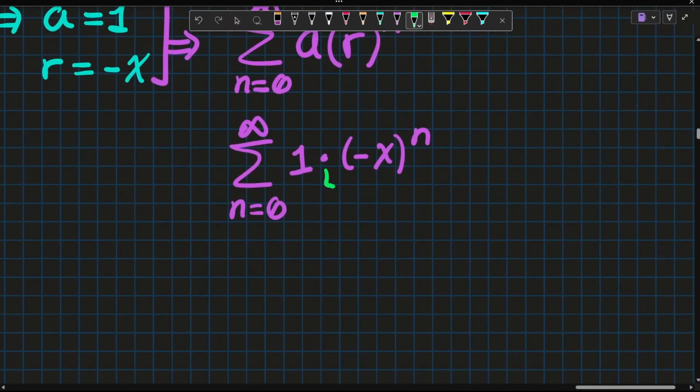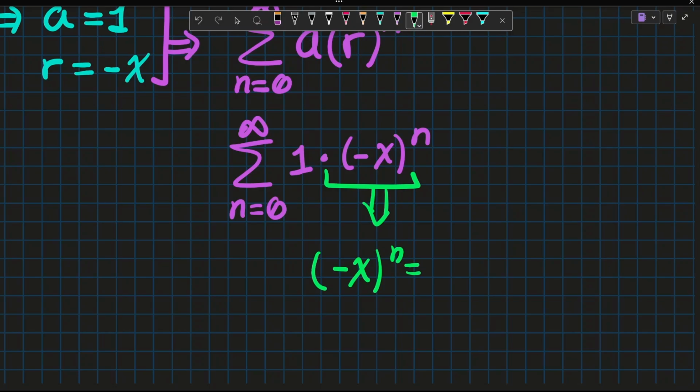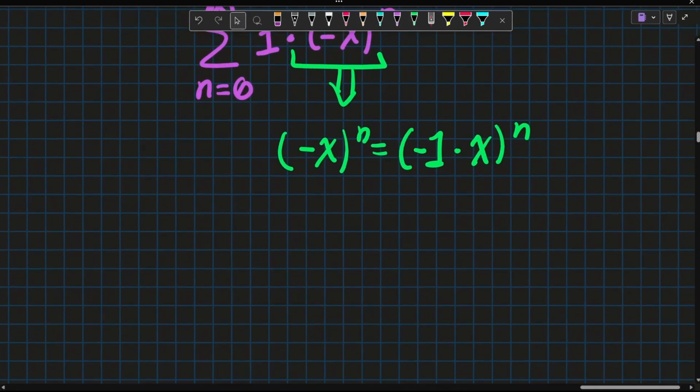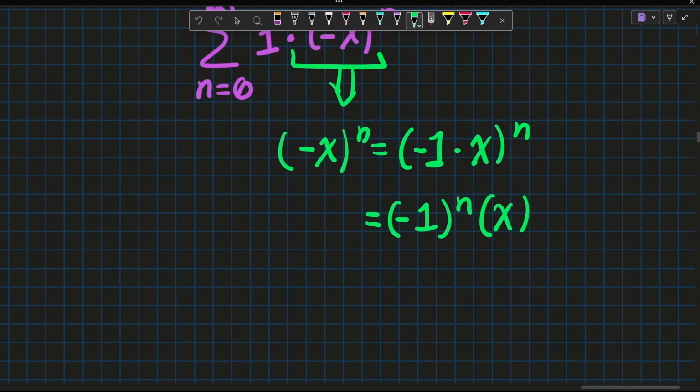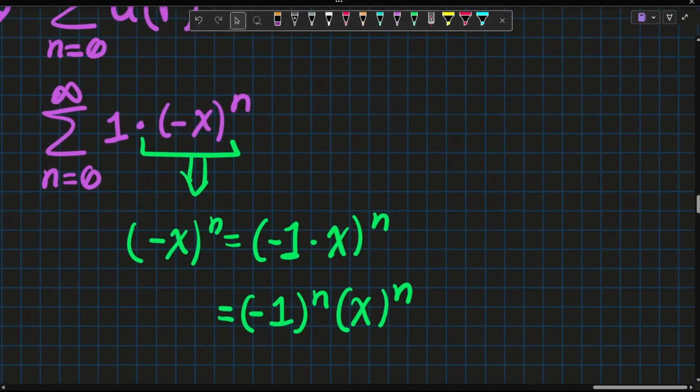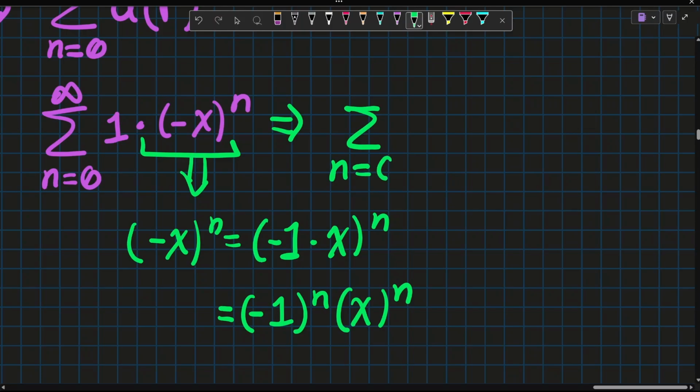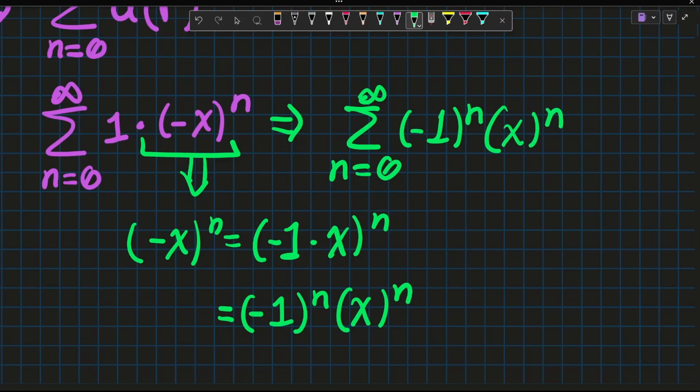And if you look at this term here, you see that negative x to the n is equal to negative 1 to the n times x to the n, right? So now you see here that this is actually an alternating series: sum from n equals 0 to infinity of negative 1 to the n times x to the n.